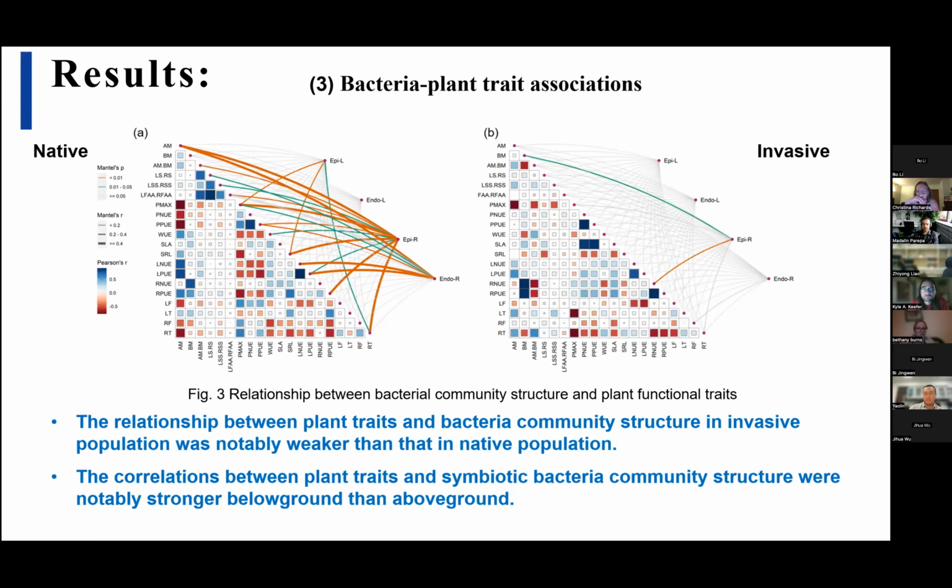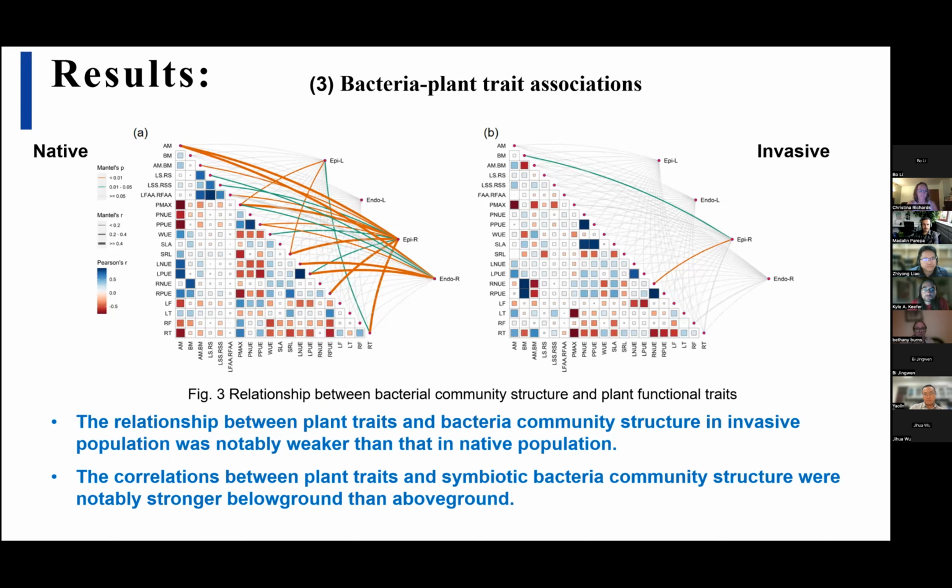For the third part, we tested the bacteria-plant trait association. We can see for the community structure, the relationship between plant traits and the bacterial community structures in invasive populations is notably weaker than in native ones.